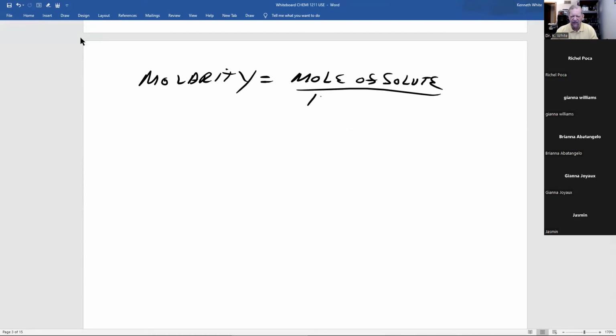I'm always going to give you and ask you to use this. Molarity is moles of solute per 1,000 milliliters.